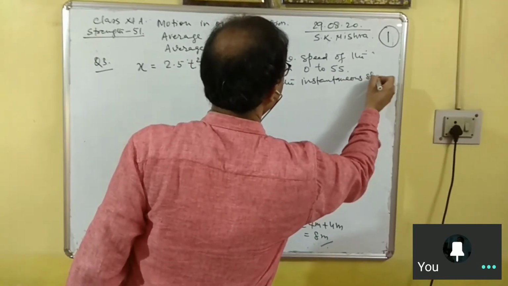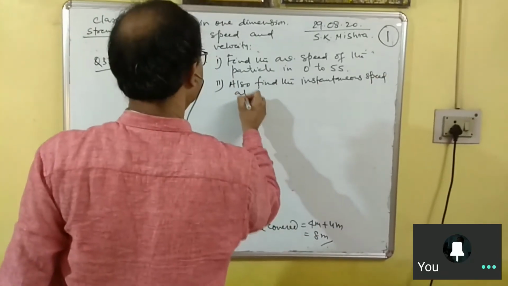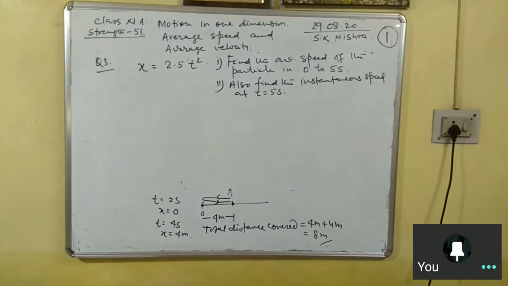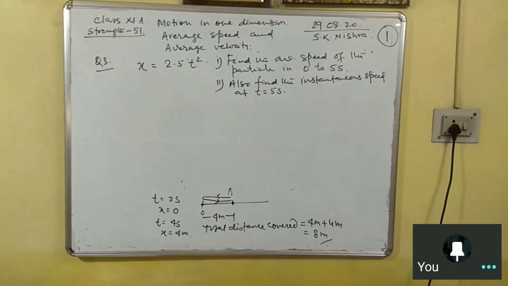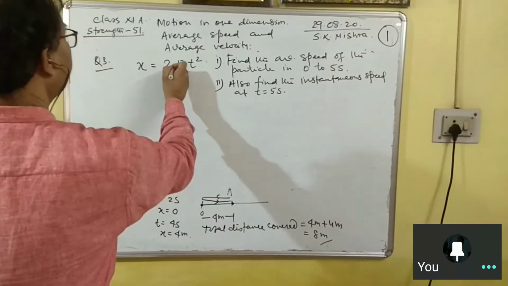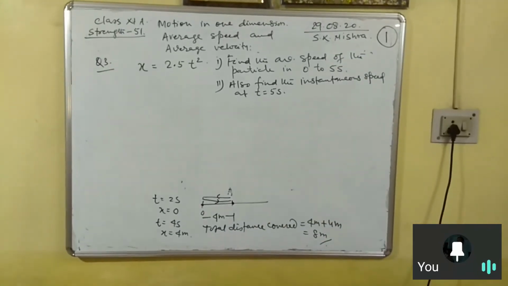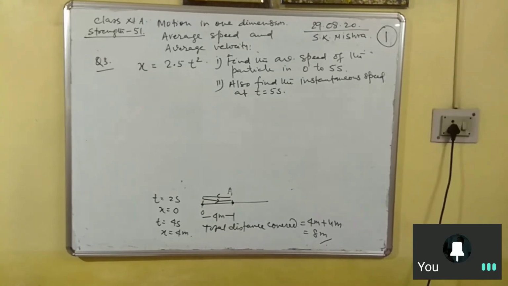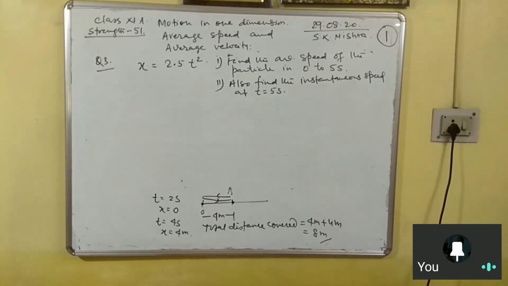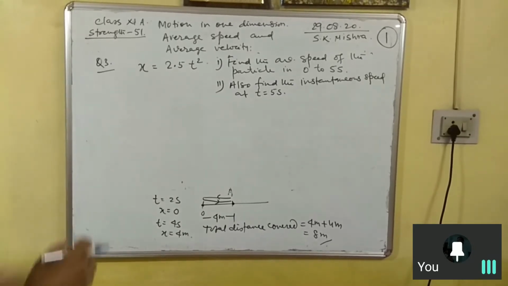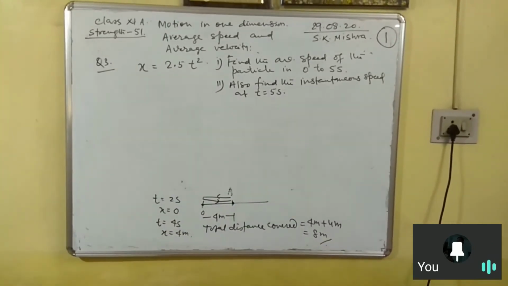So x is the distance traveled by the particle, t is the time, and distance traveled and time taken are related by x is equal to 2.5 t square.